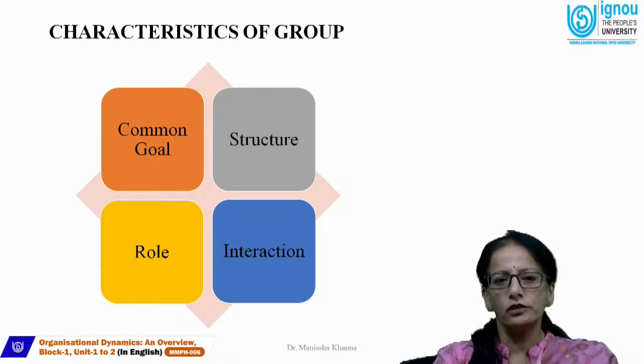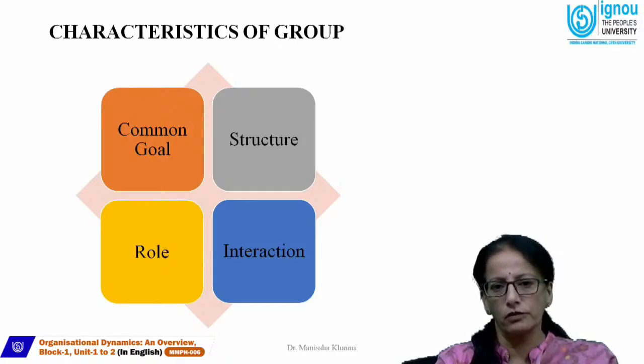Their structure is aligned, their role is defined, and their interaction is equally important, because without interaction, without communication, it is very difficult for a group to sustain and to move towards their set goal.